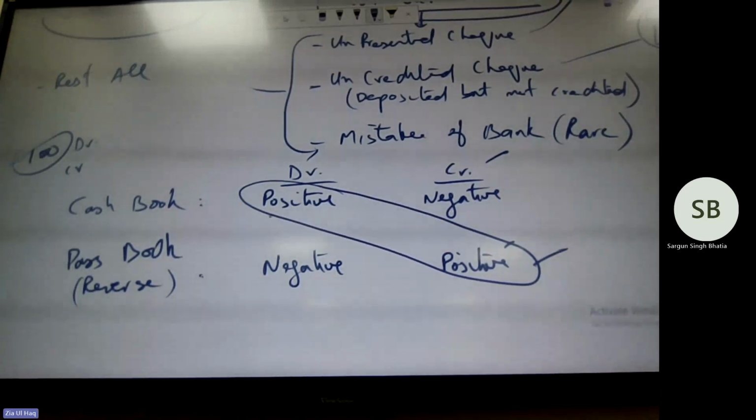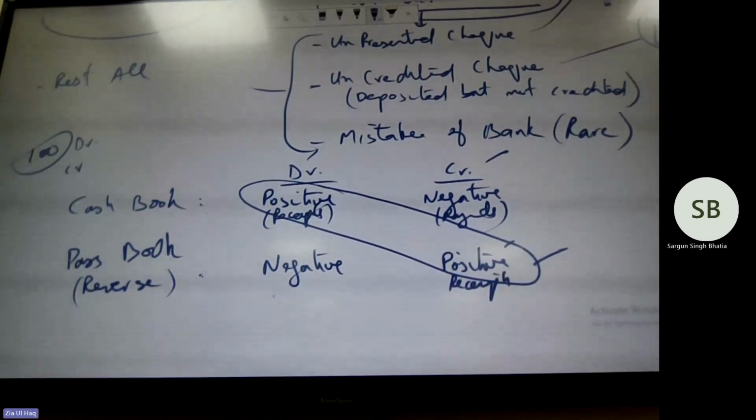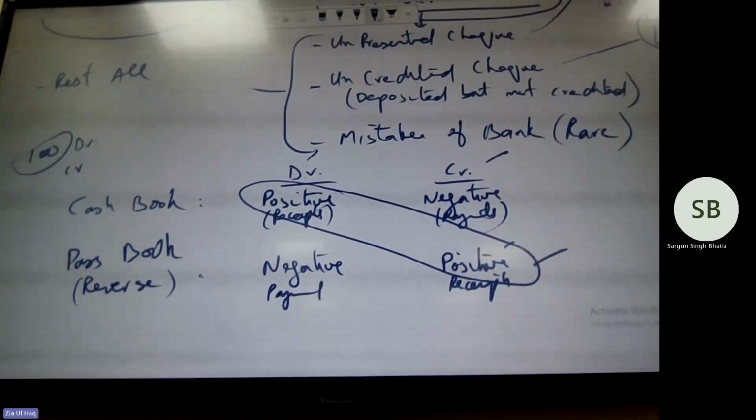What is positive? Positive means receipts. What is negative? Negative means payments. While in the passbook, the receipts will be shown on the credit side. The payments will be shown on the debit side.